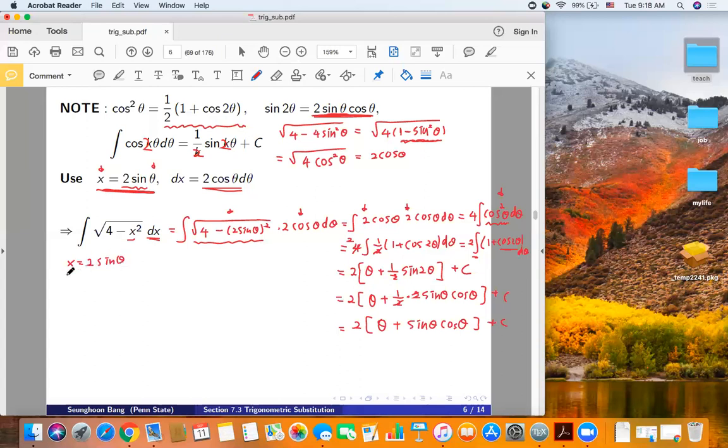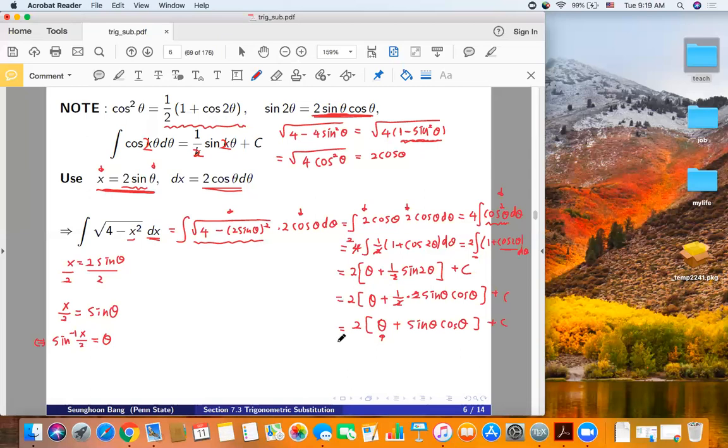Divide both sides by 2, so we have x over 2 equals sine theta. How can you change it to only theta? Not difficult. You can use the inverse sine function. So this is exactly the same as inverse sine of x over 2 equals theta.